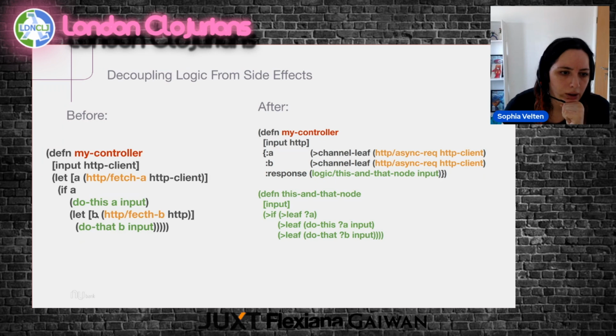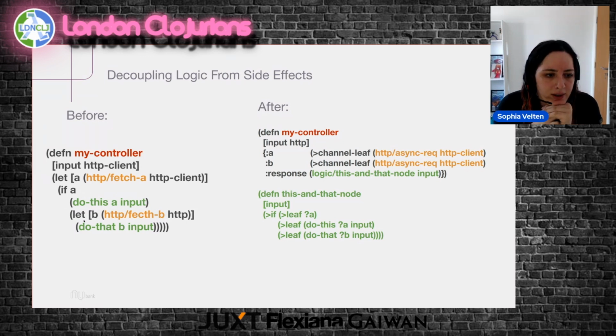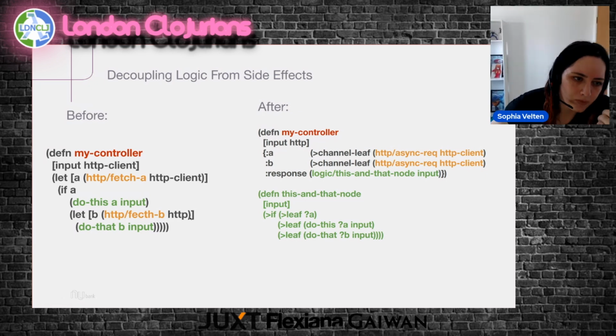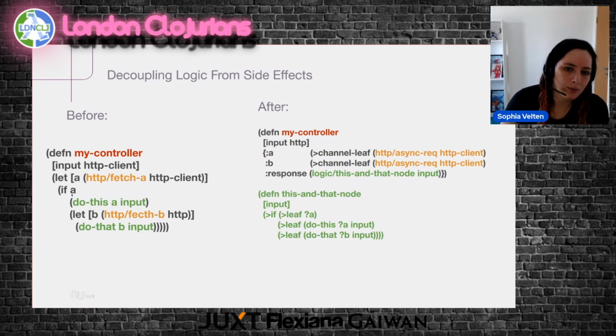So depending on the value of A, we do something, and if A is falsy in this case, we're going to make another request to B, and then we're going to do something with B. In this left-hand side code, we have side effects, making HTTP requests, mixed with the green part of the code, which is pure logic, and it's all intermixed, and we have a branch in between, right?